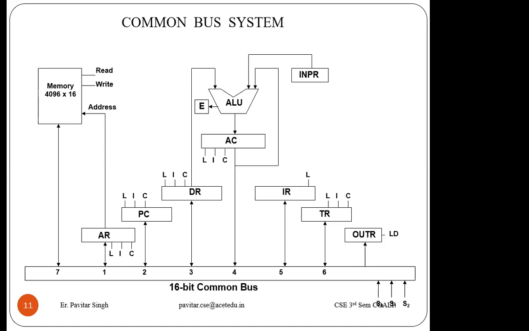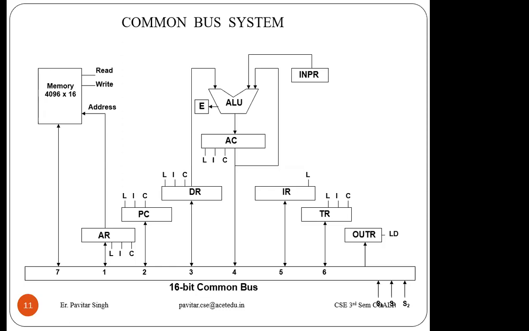Suppose this is your common bus. After that, the DR register will be activating its load input and it will read the data from the common bus. With the help of this, the first operation will be achieved. And how will the second operation be achieved?